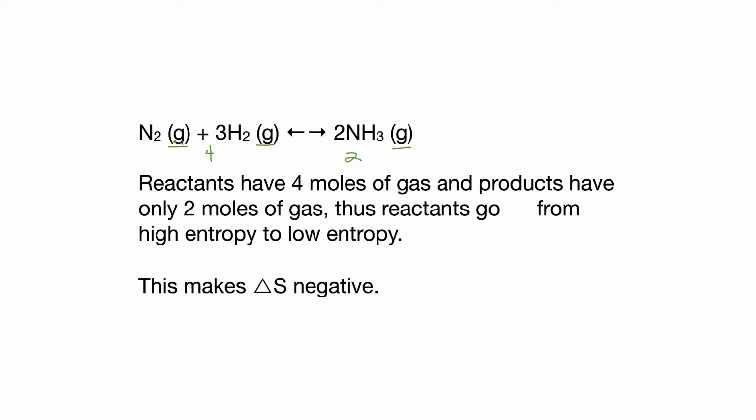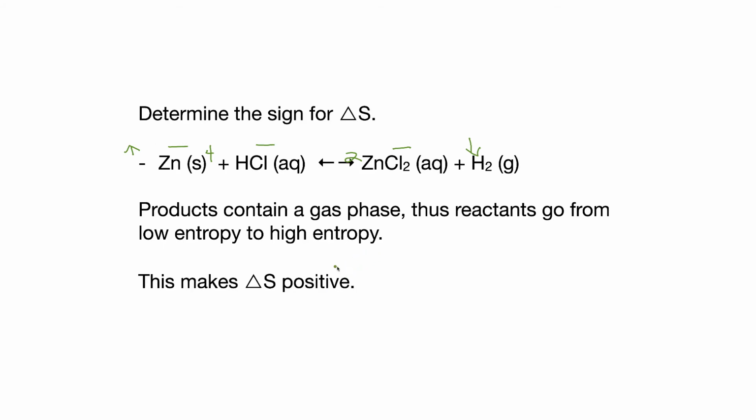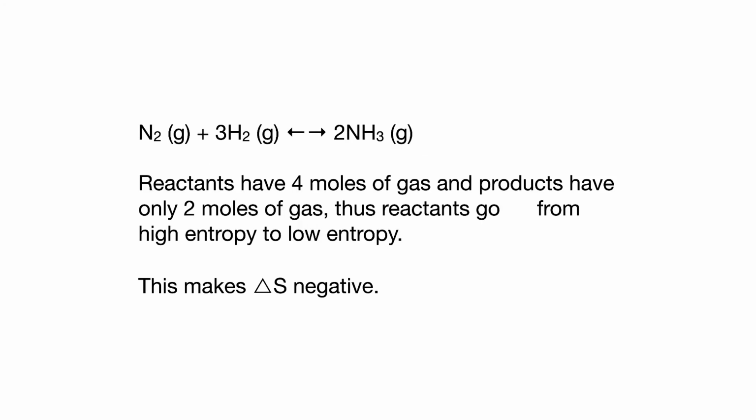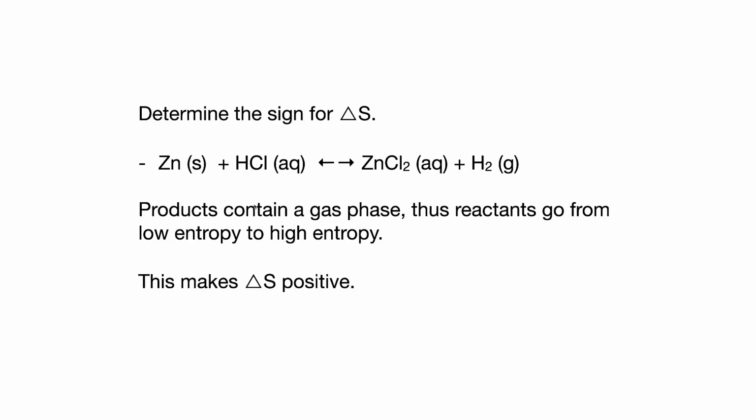Therefore, the reactants go from high entropy to low entropy over here. 4 to 2. And because you're going downhill towards the products, that means your entropy is negative. Okay, on our previous one, we were going uphill. Lower entropy over here, higher over here. You're going uphill, and that makes it positive.